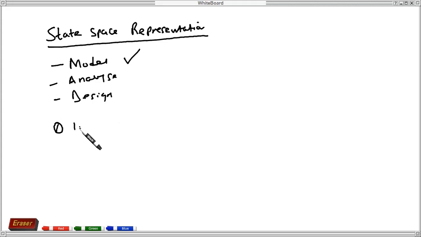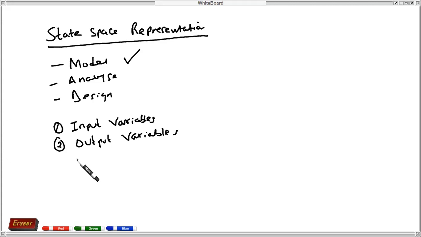One is the input variables, which represent the excitations to the control system. Number two, we need the output variables, which represent the responses of the control system.